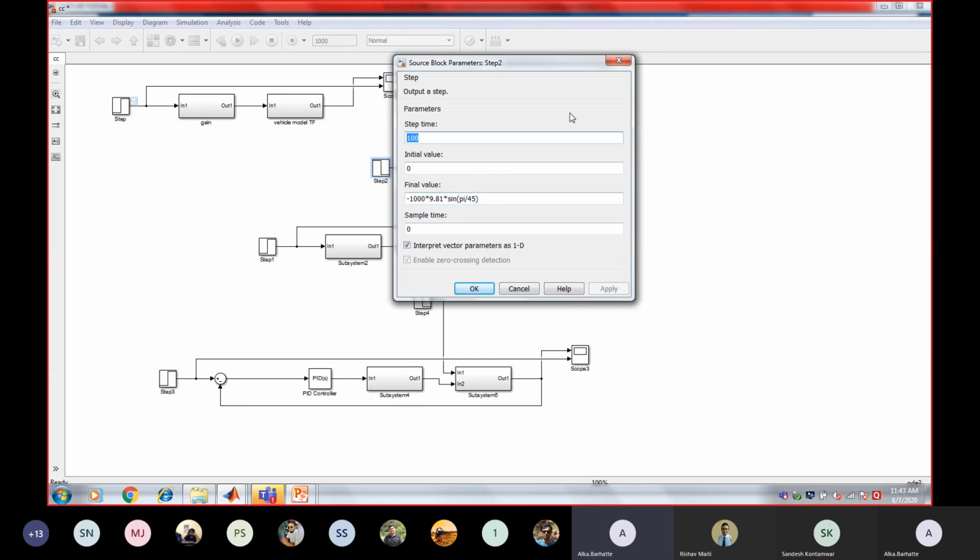The slope is considered such that your vehicle is driving on a slope of 45 degrees, so that is represented here by sine pi by 45. This is the force that is getting resolved, this is the disturbance which is responsible to reduce the speed of the vehicle.